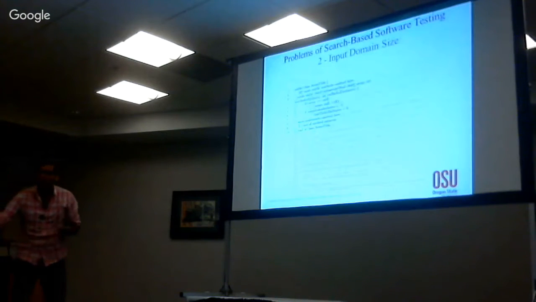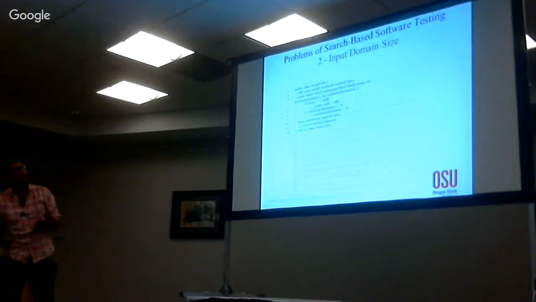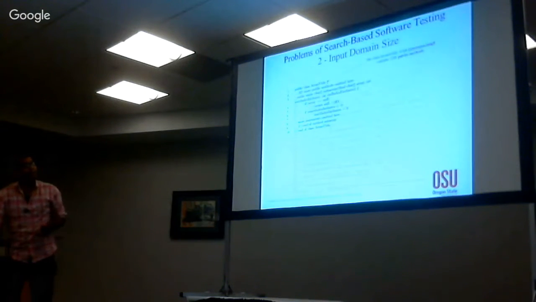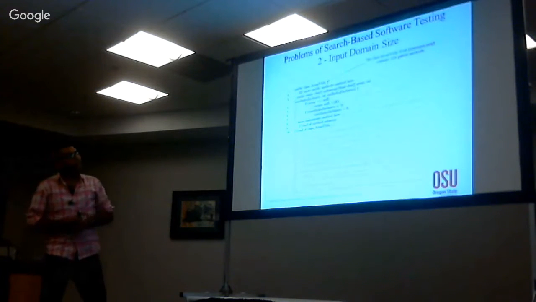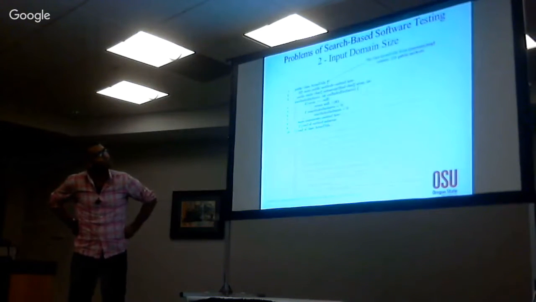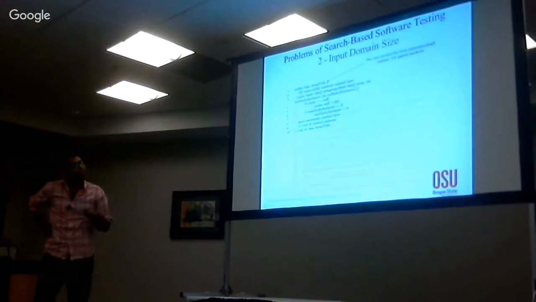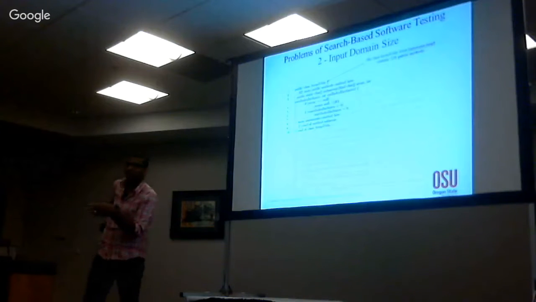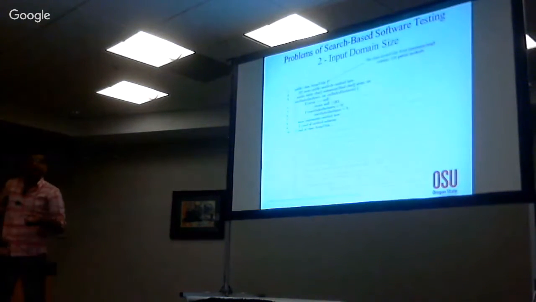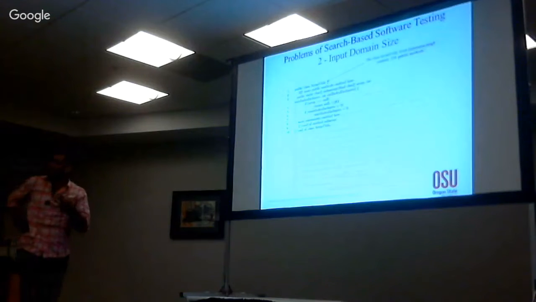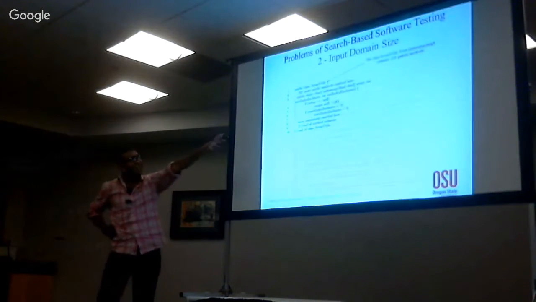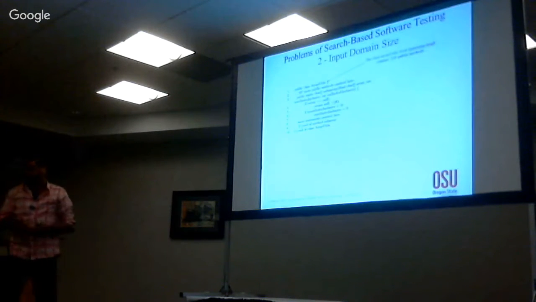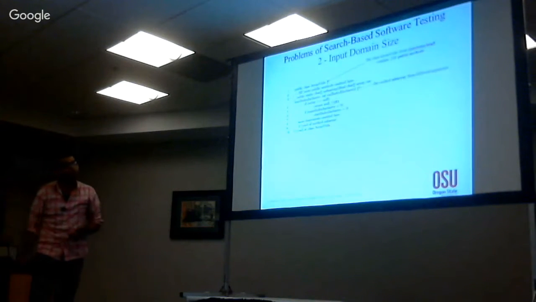Another problem that we noticed is the input domain size. Another class that we looked at, taken from the Commons Lang library, is called ArrayUtils. This class contains 228 public methods, and each method most likely contains about 3 parameters, either an array and 2 integers.